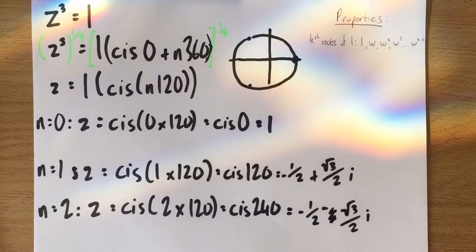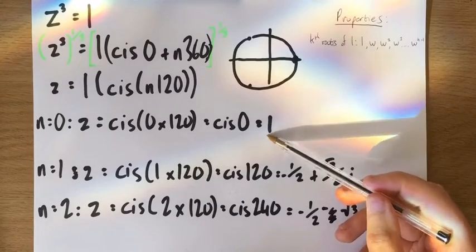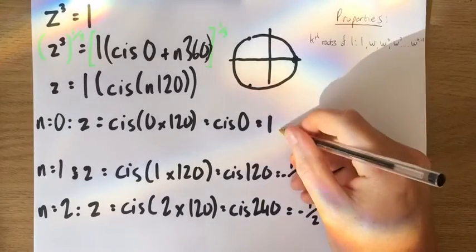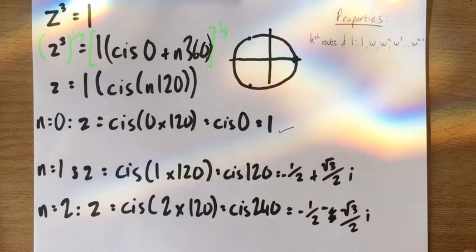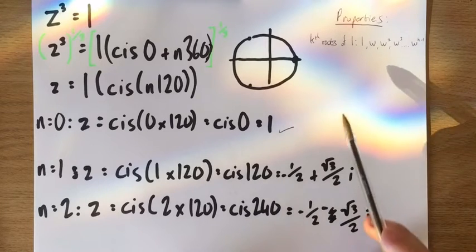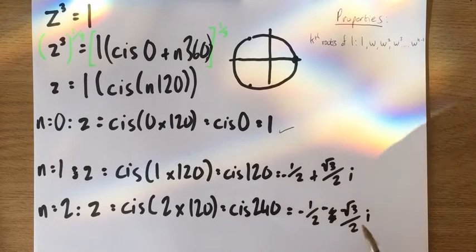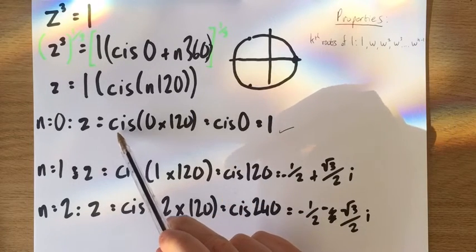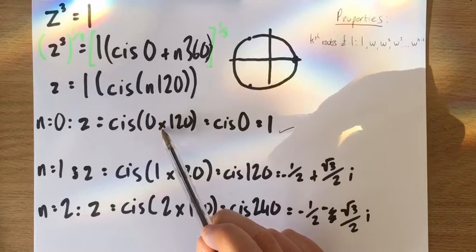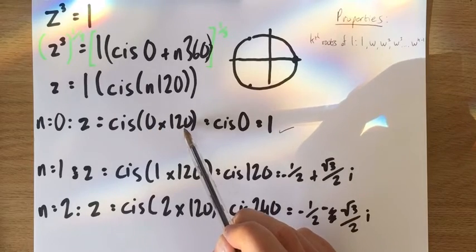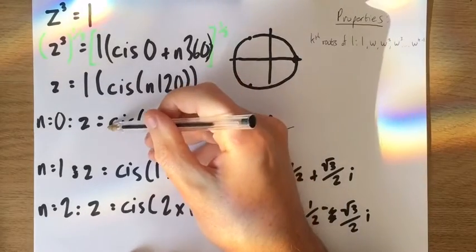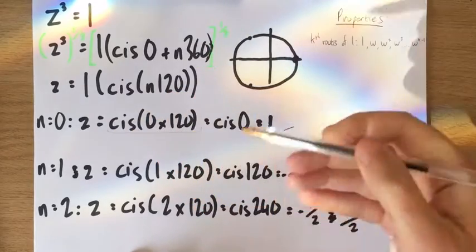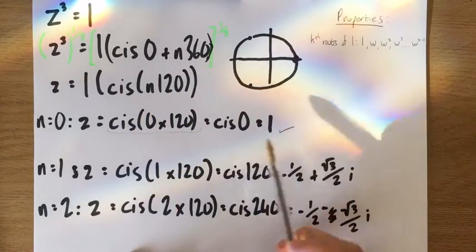Let's see, does that check out with the one I've just done? The first root I got is 1, so that's fine. Let's look at these two then. Going back to this one, I had cis of 0 times 120. Let's do De Moivre in reverse, not the typical way I would do it.